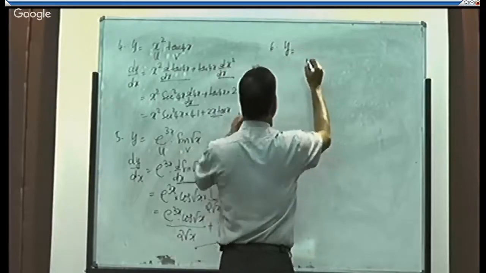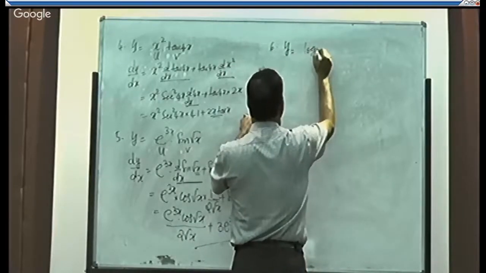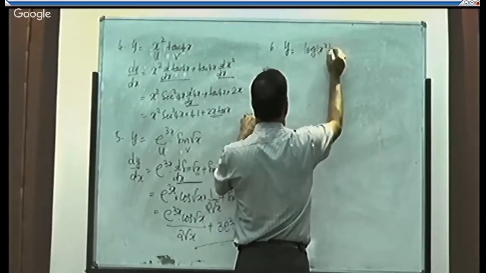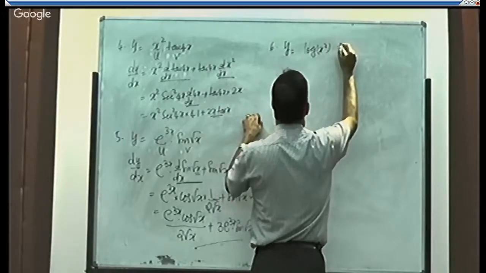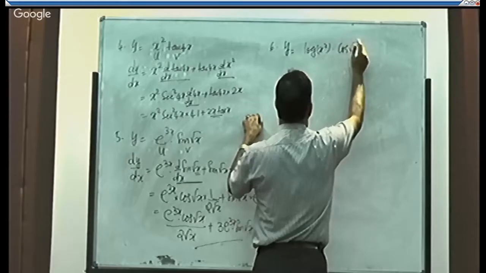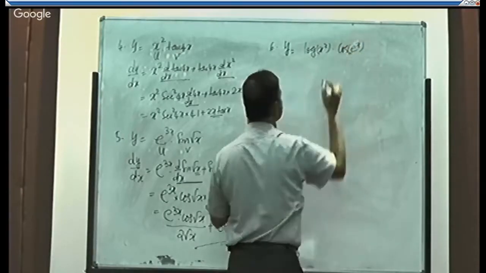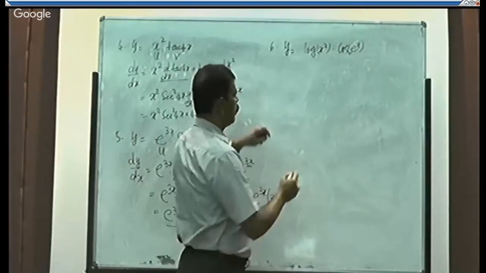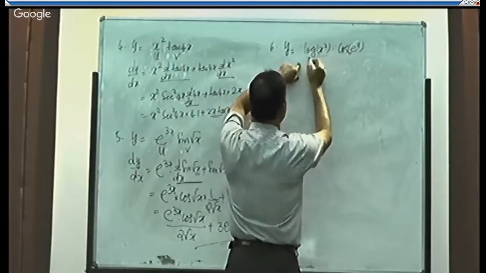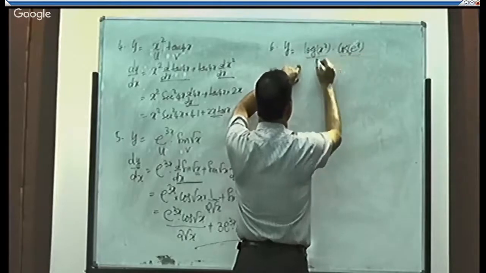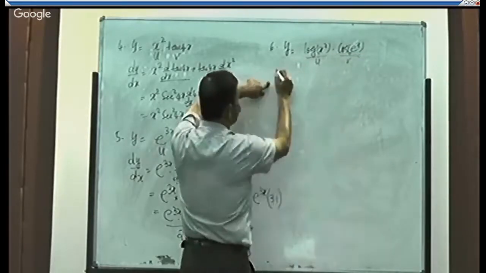y is equal to log x square into cos of e power x. Again, this is one function into another function. Take them as u into v.